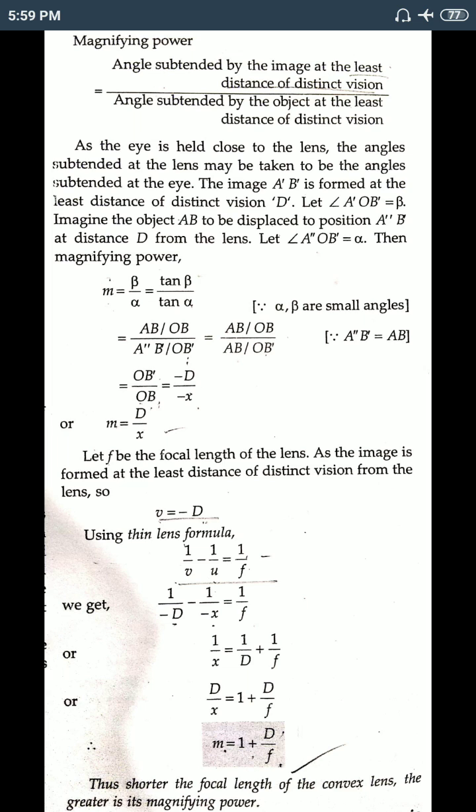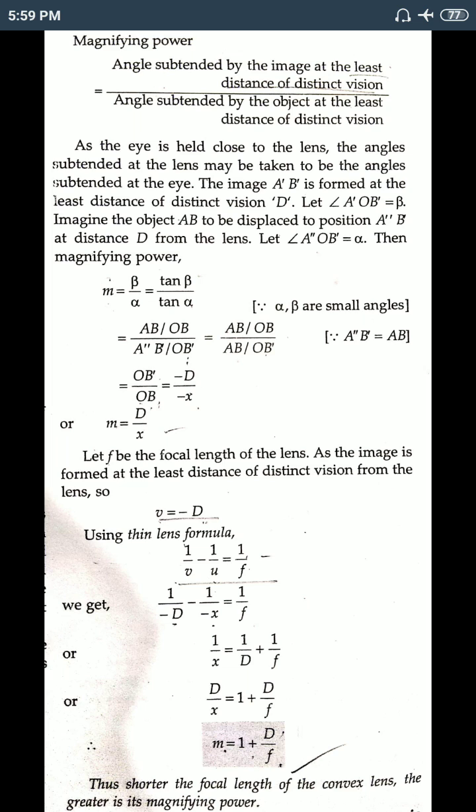Using the lens formula 1 by v minus 1 by u equals 1 by f, and putting minus D in place of v and minus x in place of u, after solving we get m equals 1 plus D by f.